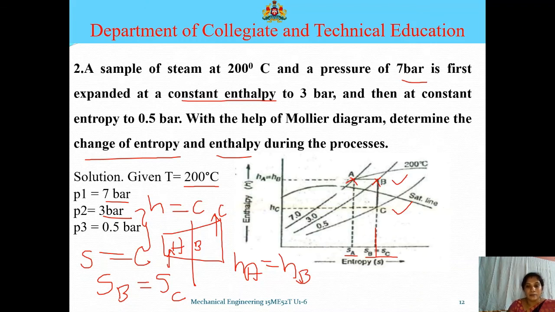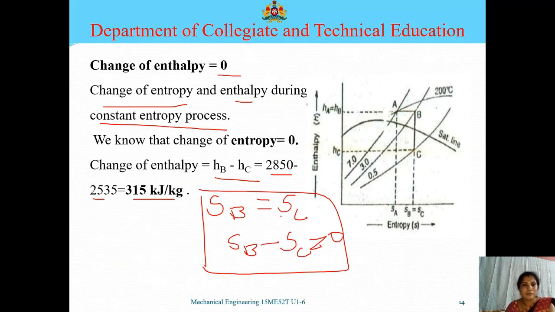Then the last thing is I need to find out HC. For that, the exit pressure is 0.5, so I'll search for the pressure line where the pressure is 0.5. The intersection of this line and the vertical line will give me the point C. I'll draw a horizontal line and obtain HC. This is what we did.